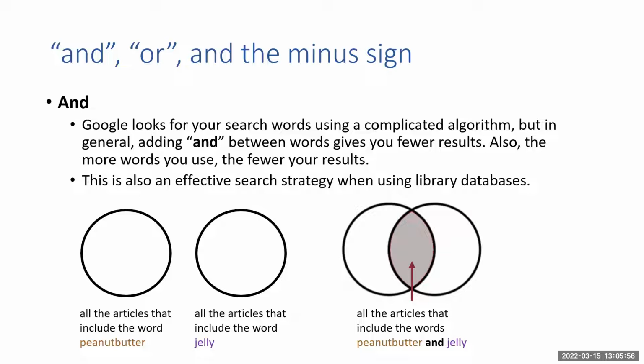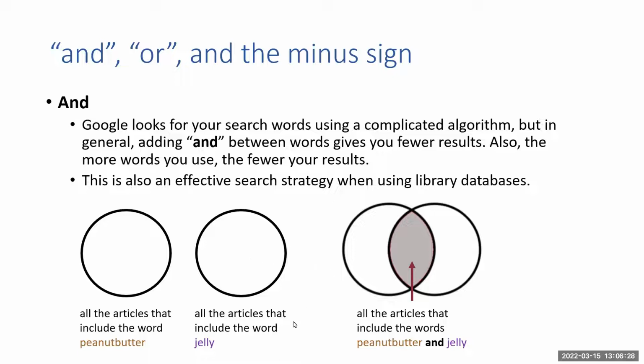So this little graphic down here basically shows you how Boolean and works. Boolean logic is a way of describing this kind of search strategy. So say that this circle here represents all the articles that include the word peanut butter. And this circle here represents all the articles that contain the word jelly somewhere in it.